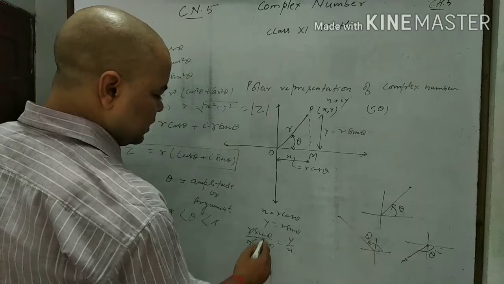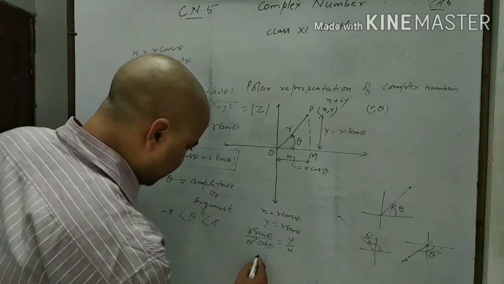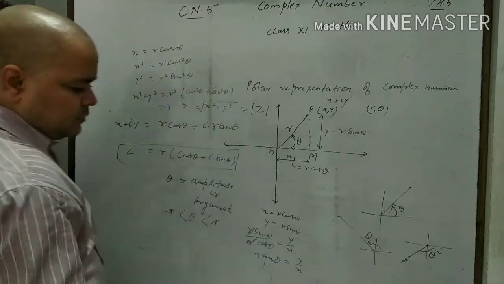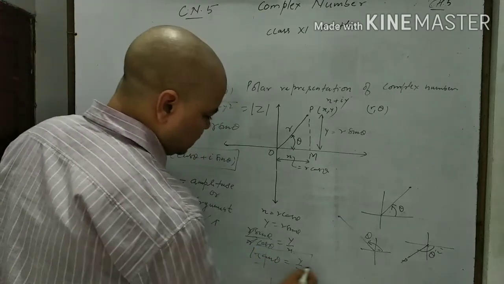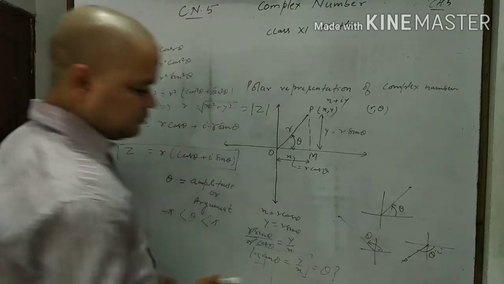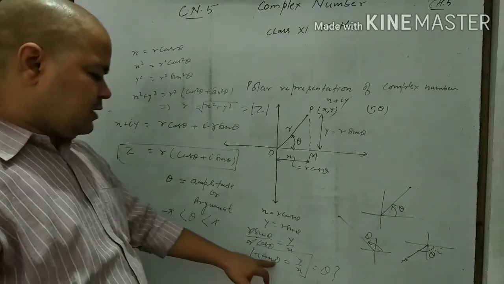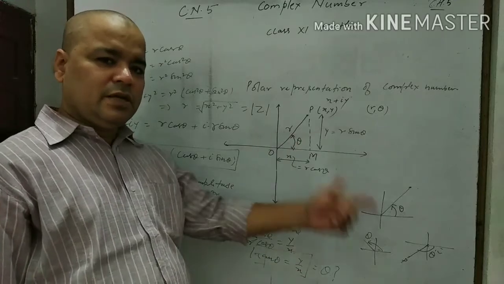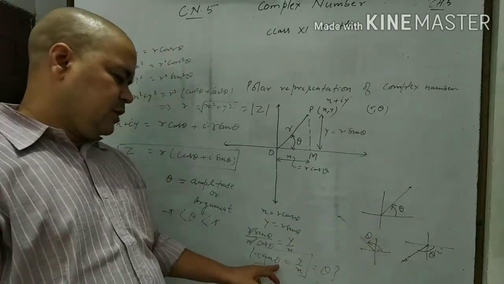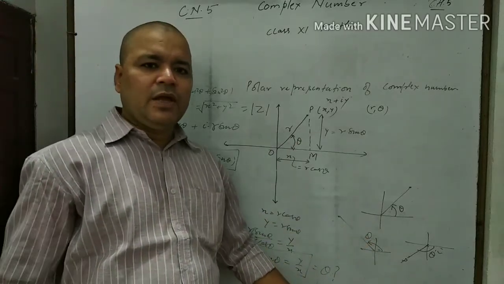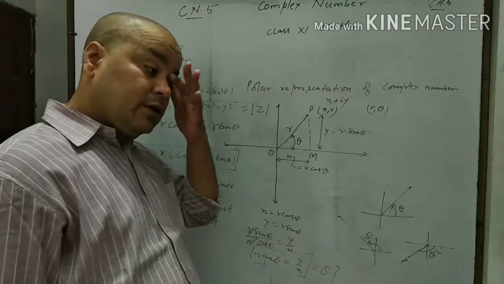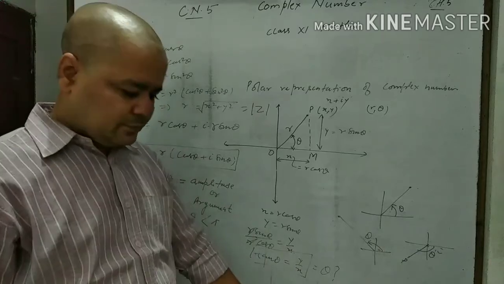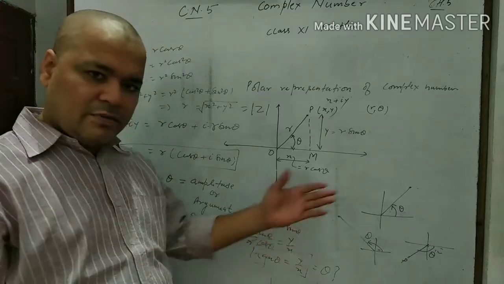R and r cancel, and sin theta upon cos theta is tan theta. Tan theta is equal to y by x. From here we can find the value of theta also. Theta will be equal to tan inverse y by x, and inverse trigonometrical function is given in class 12, not in class 11. So this is a part of 12th class.